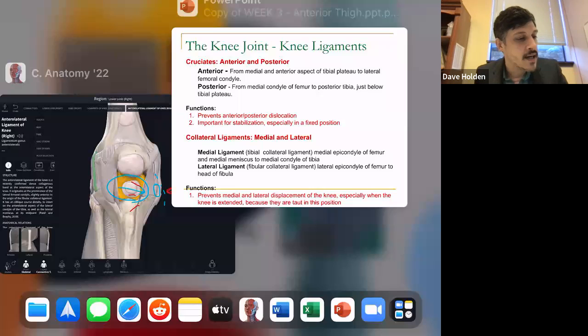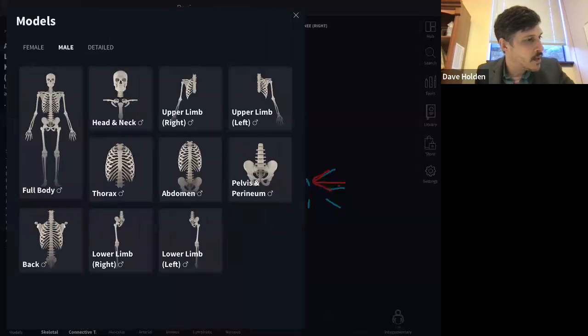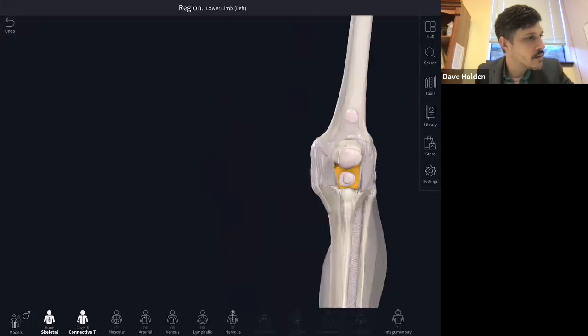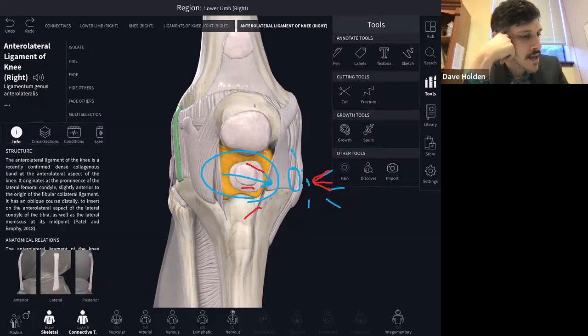And I will show you, since I have the fancy anatomy app, let me pull up a new model. And it did not clear my tools. Okay. There we go. Nope. How do I erase my freaking thing?